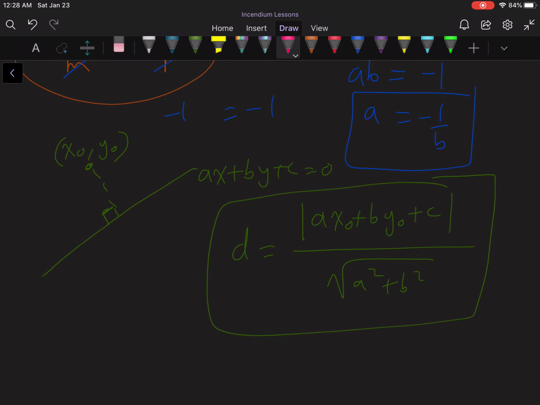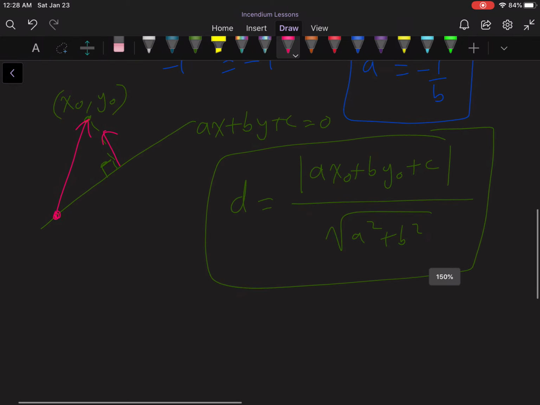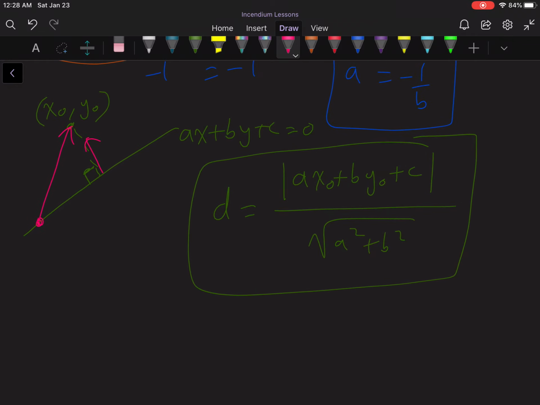But there's also a way to do it using vector projections, which I personally think is pretty neat. And yeah, it involves taking a vector and projecting it with the normal of this line. So anyways, that's that for this formula.